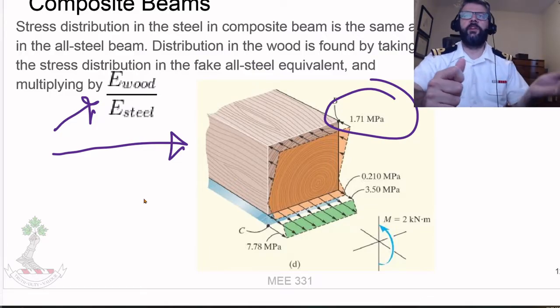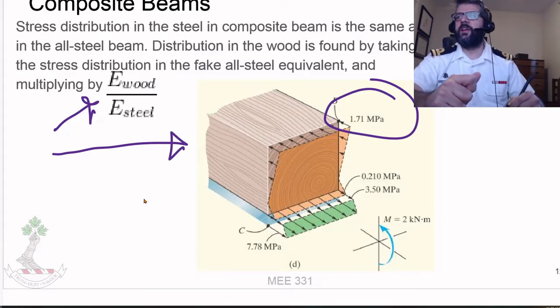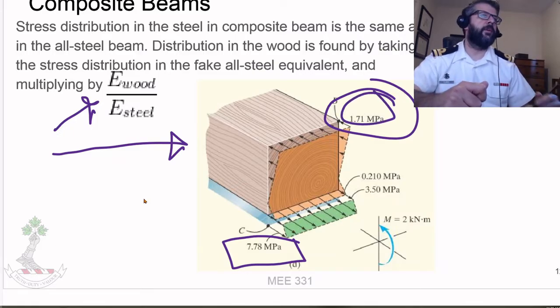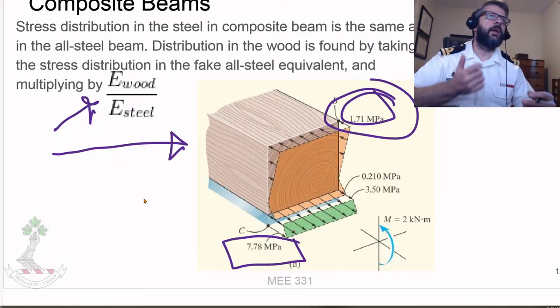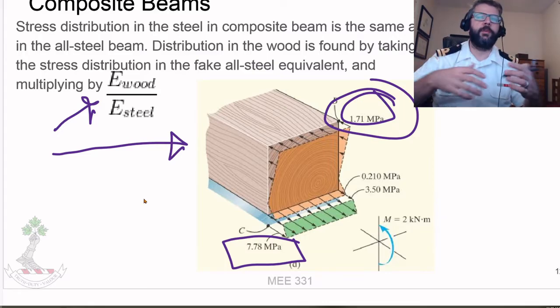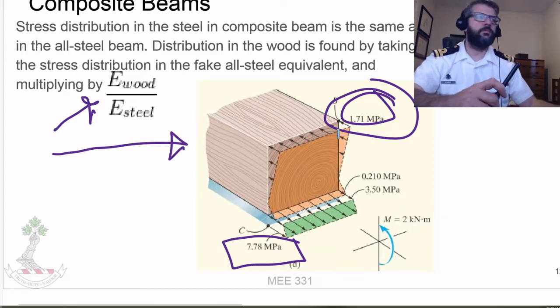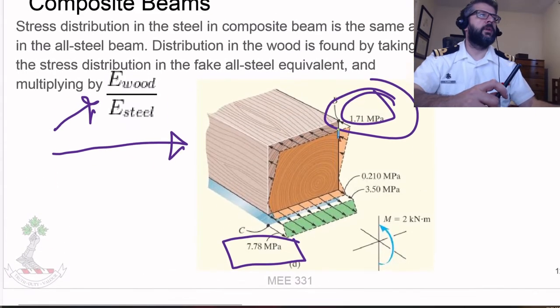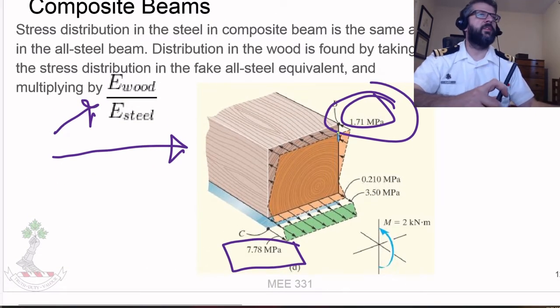As a result, in this composite beam, the maximum absolute stress occurs in the steel, whereas the stress level in the wood doesn't get nearly as high, because it's more flexible. And yeah, we will do some examples of how to do both of those things.